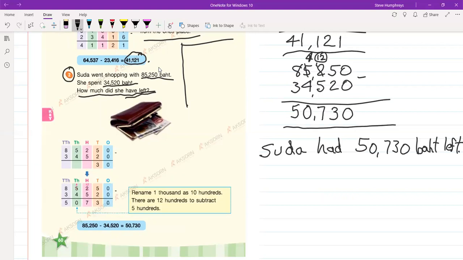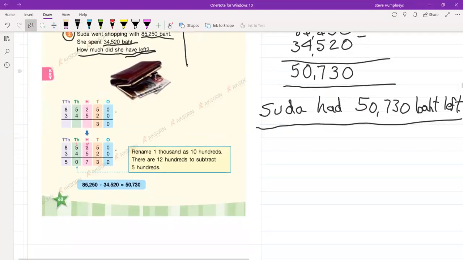If that was in an assessment or an exam, you would write the sentence. Okay? Remember, when you have word problems, you have a sentence in your answer. Okay.